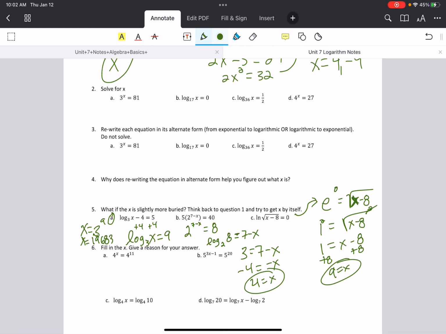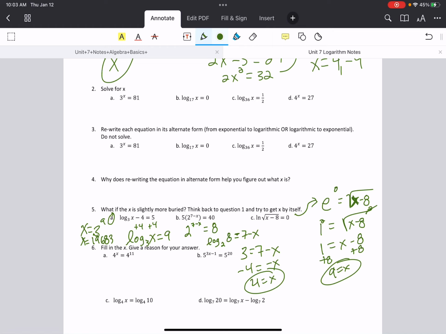Now, this is called solving by the log exponent conversion. That's a pretty complicated and annoying name, right? But at least it's clear on what it is, right? We can do that when one side is a log or an exponent and the other side is just a whole number, okay? The problem happens when we get to ones like A. But I bet if you look at A on number 6, you probably can guess what X is.